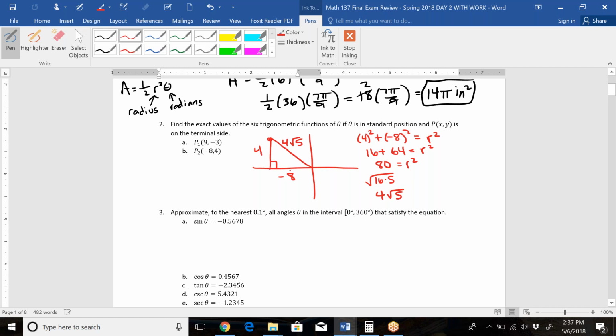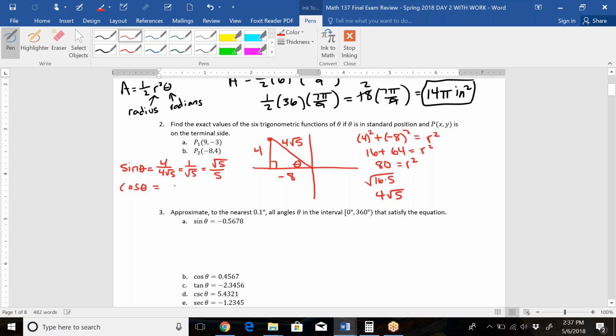Okay, once you know your 3 sides, you can now reference from your central angle here, this part right here, you're going to reference your sine, cosine, and tangent. So sine of that theta is opposite over hypotenuse, so that's 4 over 4 square root of 5. Which is just 1 over square root of 5, or if we rationalize, that'd be square root of 5 over 5.